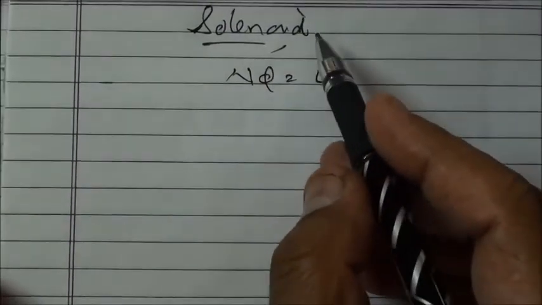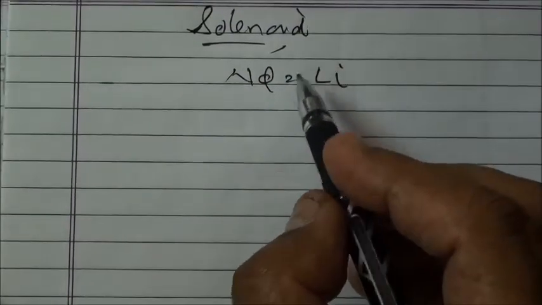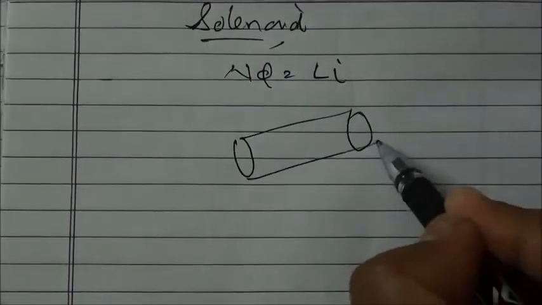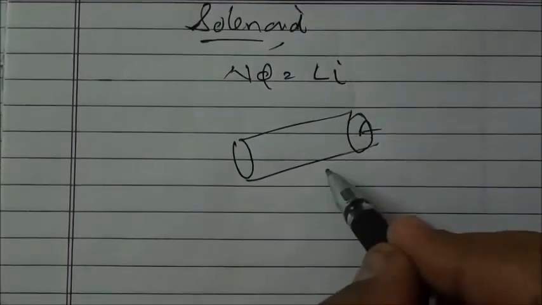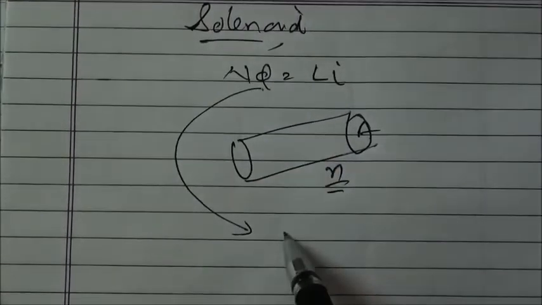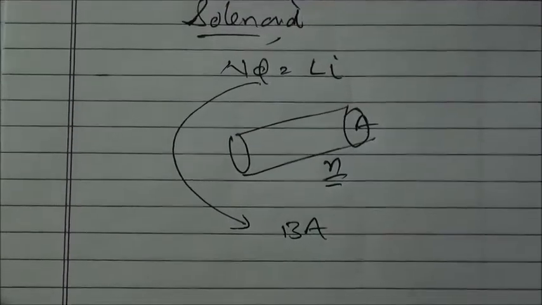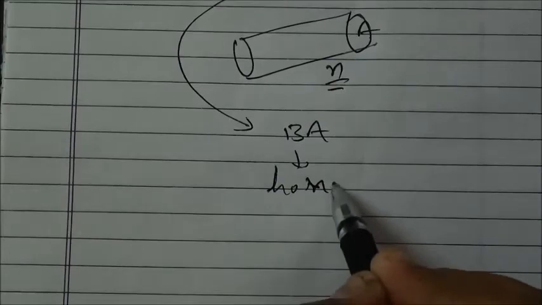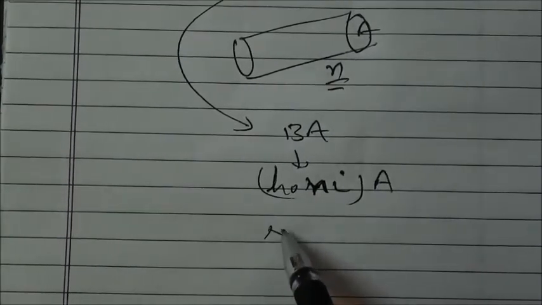Let's take a very long solenoid, infinitely long, with cross-section area A, number of turns n per unit length. So what will be the value of φ? B into A. And what is B? μ0 n i into A. So that's it. We need to just substitute.